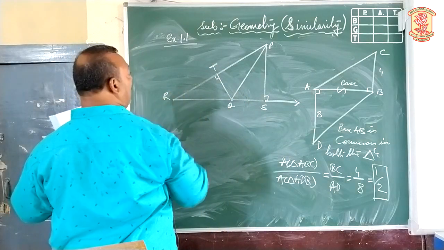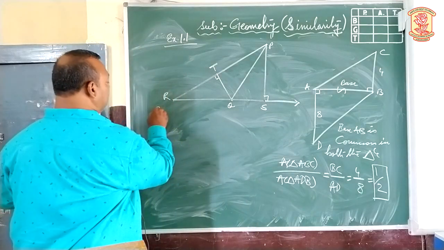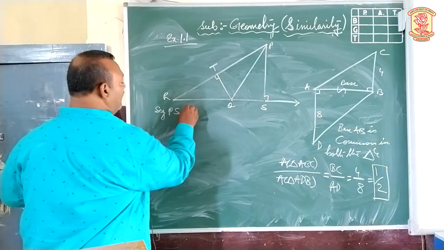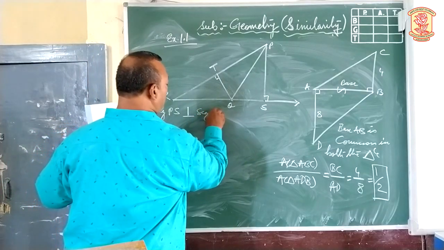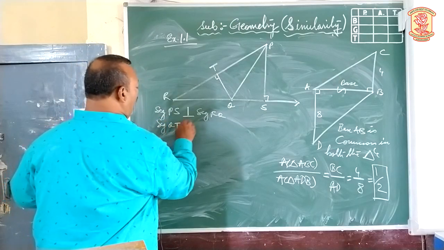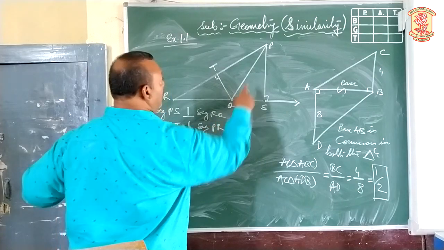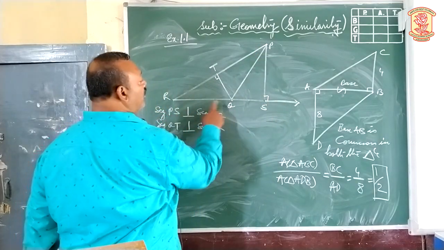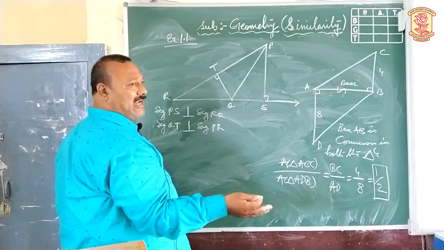And here is point R. Now segment PS is perpendicular to segment RQ. Next, segment QT is also perpendicular to segment PR. PS is perpendicular to QR. This altitude lies outside the triangle.